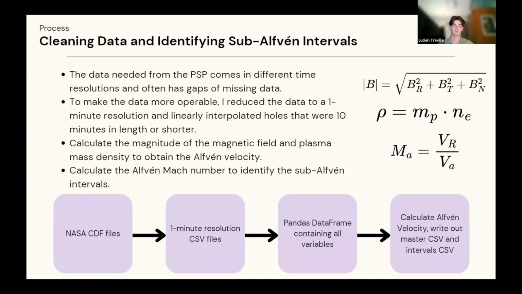Using the alpha velocity equation on the last slide, I calculate that, and then I find the ratio between the radial component of the velocity and the alpha velocity, and we call that the alpha Mach number. If that number is less than 1, then that tells us we're moving slower than the alpha speed, and we are thus in a sub-alpha interval.